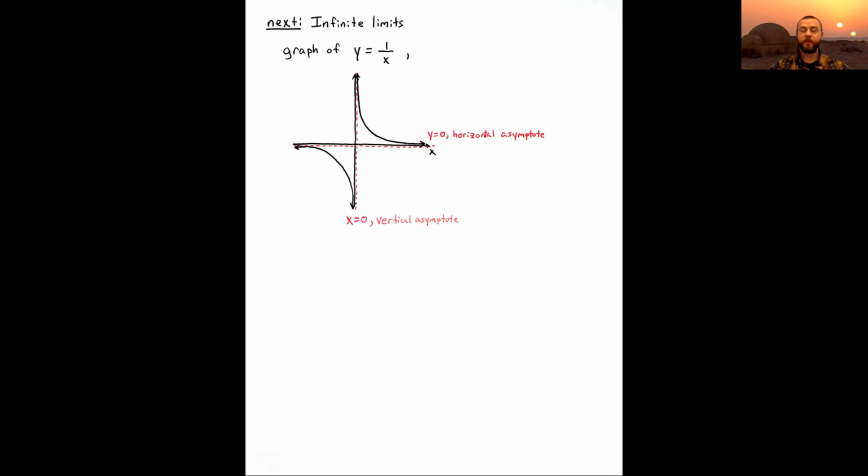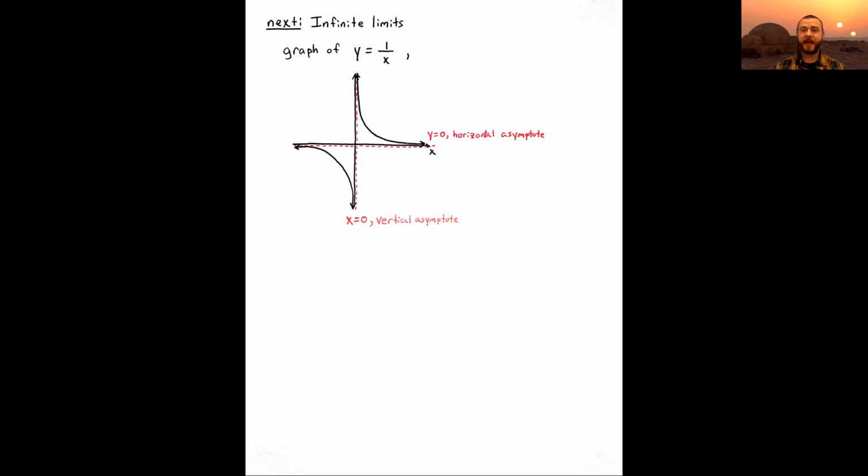And you might recall finding the equations of their horizontal and vertical asymptotes. So here's the simplest rational function, 1 over x, which has a vertical asymptote, x equals 0. You can see that algebraically, since this function becomes undefined at x equals 0. And there's a horizontal asymptote of y equals 0.